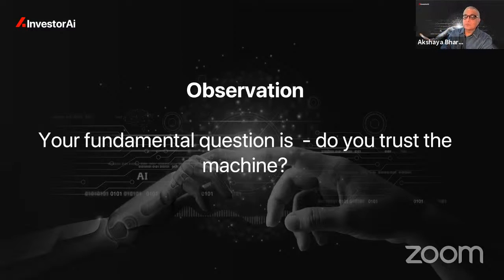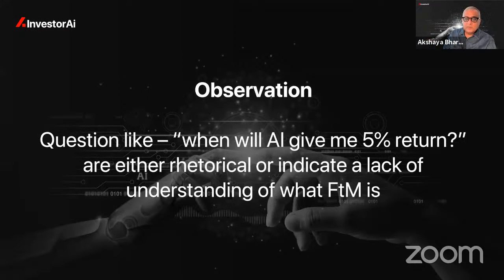You can't say I don't trust the machine, but I would invest in FTM, and please, when can you generate 5% return for me? That is completely illogical. It's never going to happen. Questions like, when will AI give me 5% return? I saw this question on one of the forums, chat groups, and I laughed.